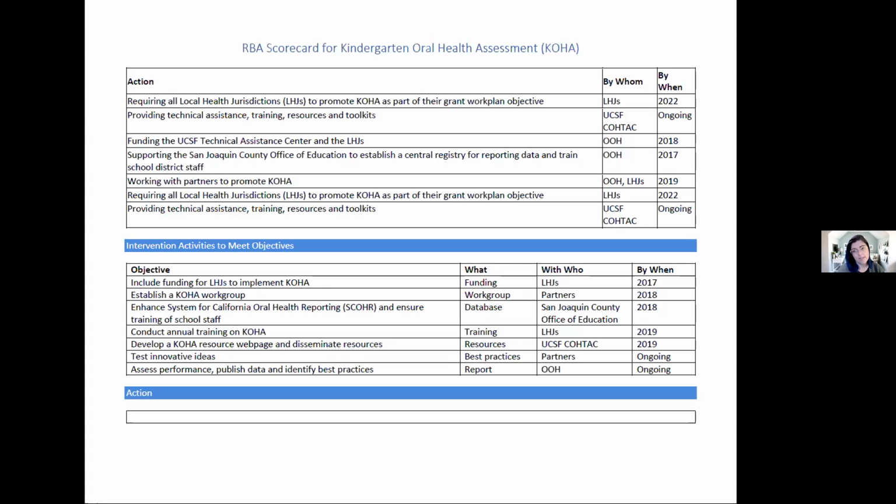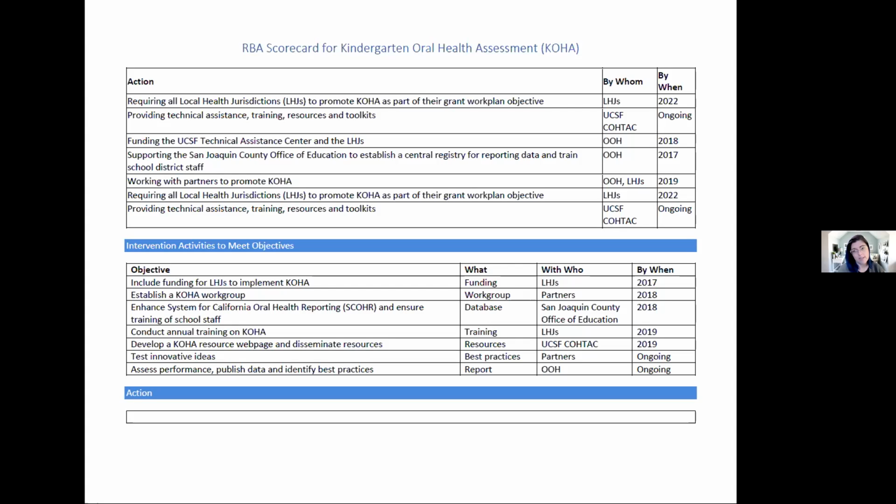But we have been working with the Department of Education, and they are intending, once the forms get finalized, they are in the final stage of approval at CDE, that they will send a cover letter to all the superintendents of schools that will be signed by the state superintendent and Dr. Kumar to encourage them to participate in the kindergarten oral health surveys, and remind them it is part of the education code, which means that's how the law is implemented by schools.